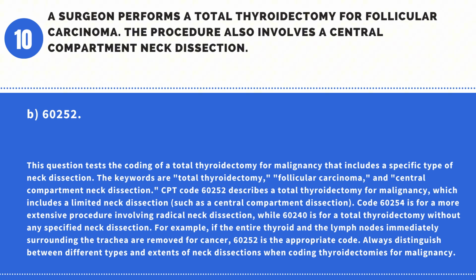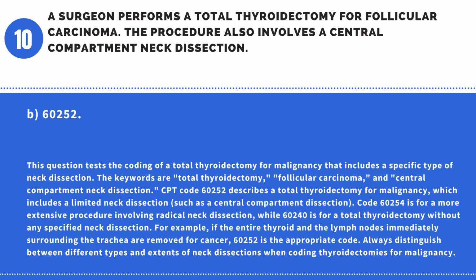60252. This question tests the coding of a total thyroidectomy for malignancy that includes a specific type of neck dissection. The keywords are total thyroidectomy, follicular carcinoma, and central compartment neck dissection. CPT code 60252 describes a total thyroidectomy for malignancy, which includes a limited neck dissection, such as a central compartment dissection.